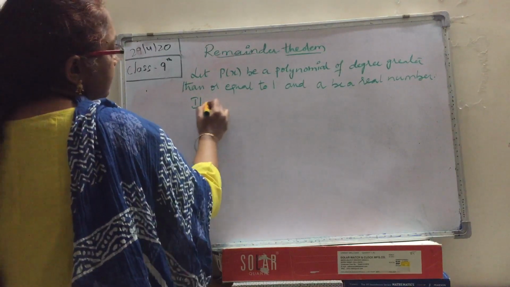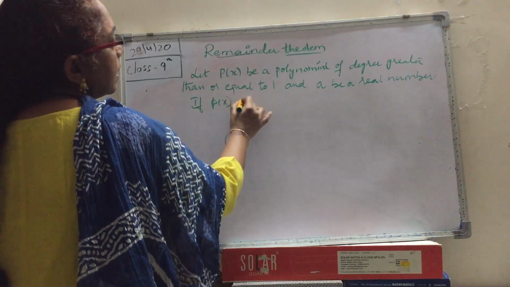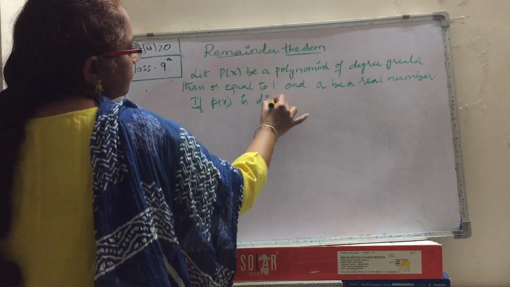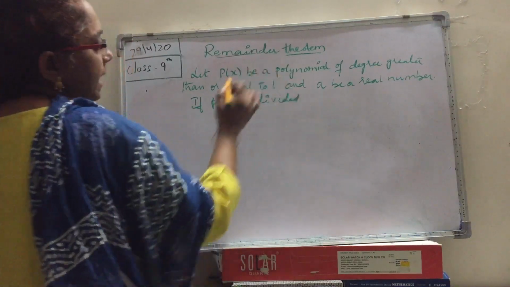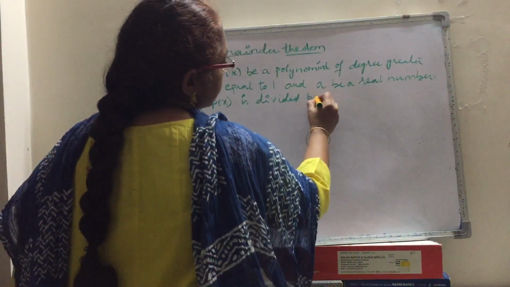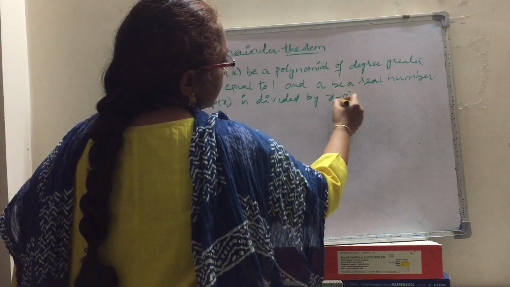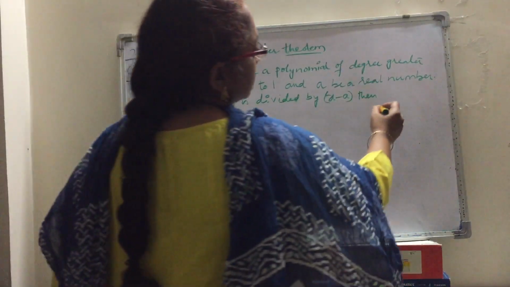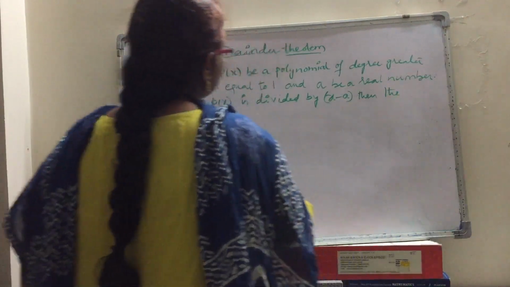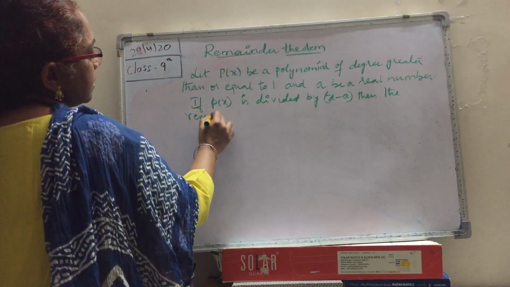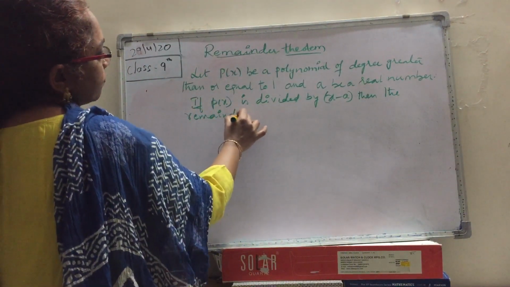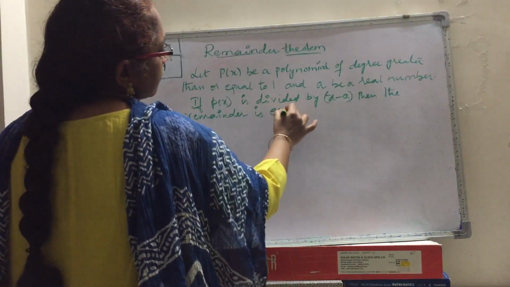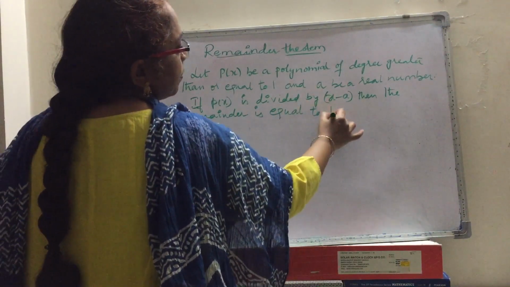If P of x is divided by x minus a, then the remainder is equal to P of a.